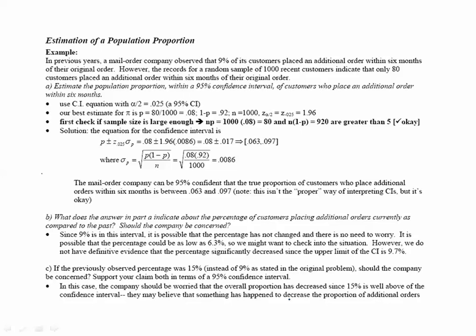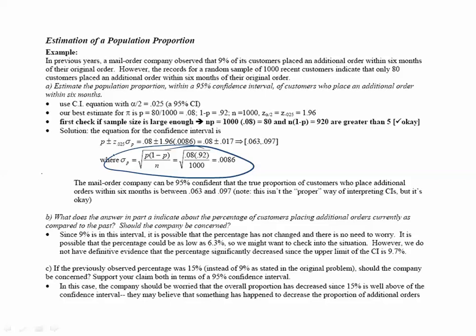So we first want to calculate our confidence interval, so we need to calculate our standard error of the proportion. Now we did this in section 4. So the standard error of our proportion is our sample proportion times 1 minus our sample proportion, divided by n, and then we take the square root.